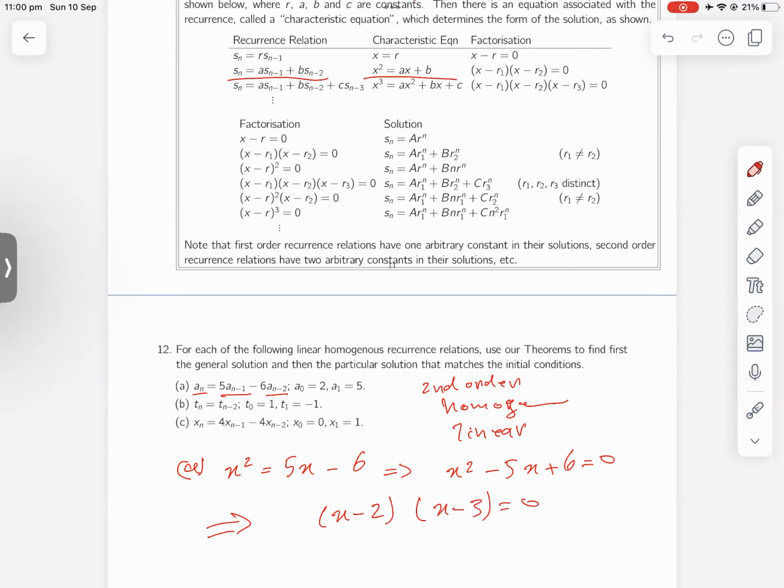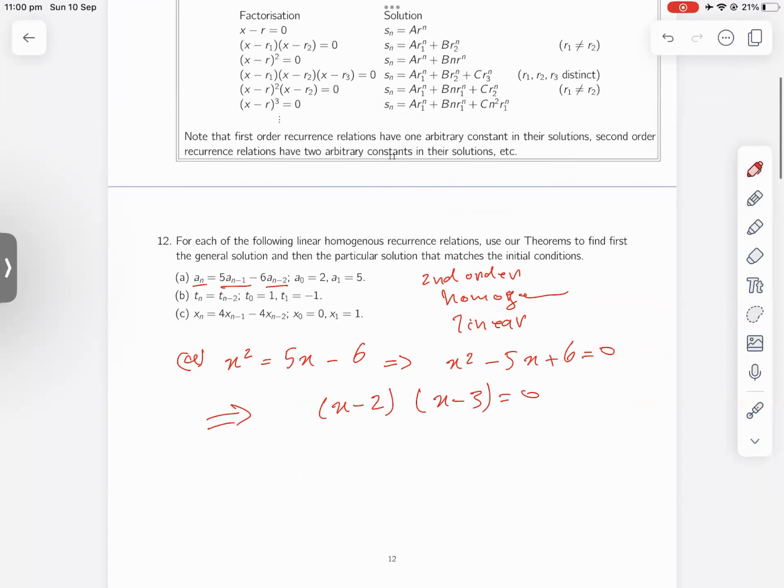All right, so let's look at this one. My answer will be this. So a_n here will be a times r1 power n, and r1 is 2, r2 is 3. So it will be 2 power n.